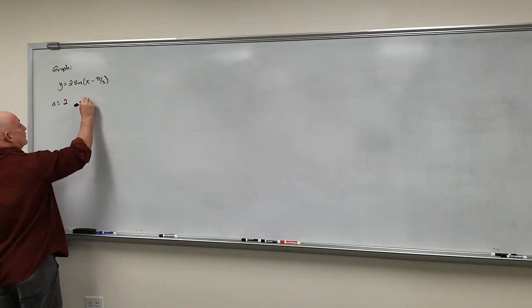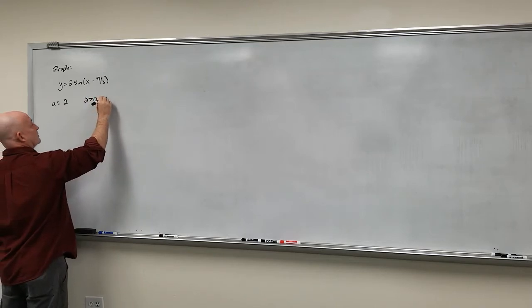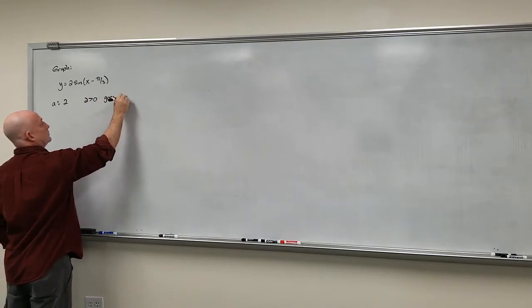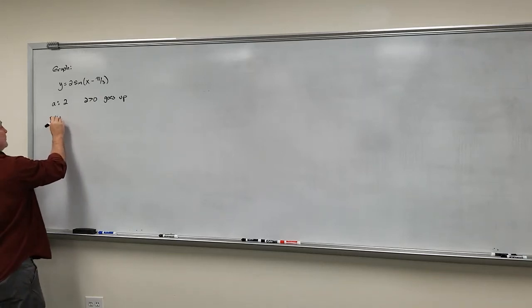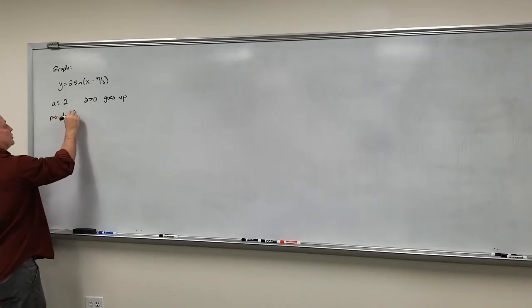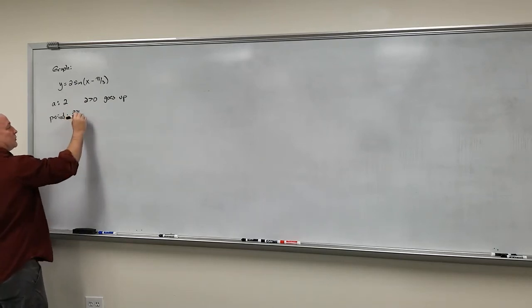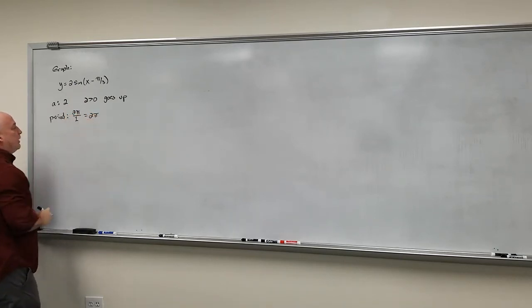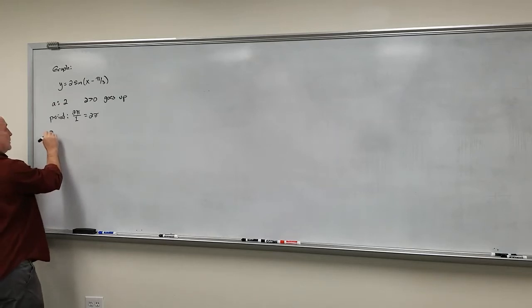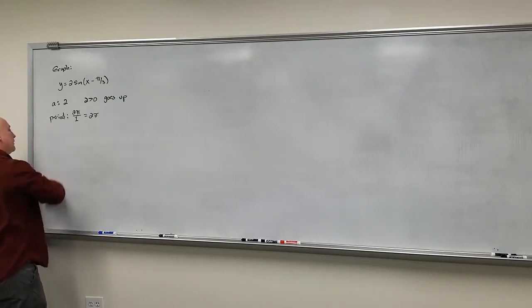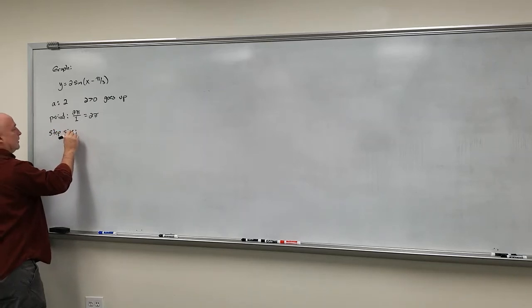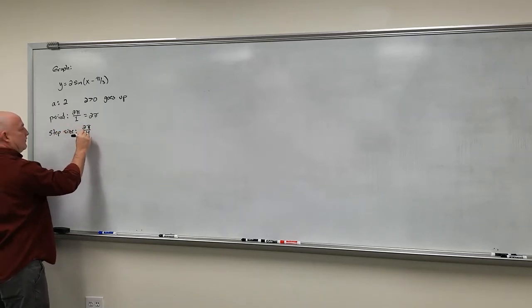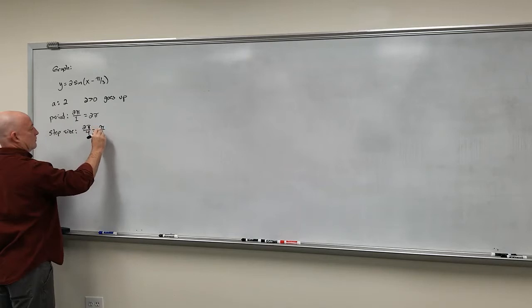Since 2 is greater than 0, we know this goes up. The period is 2 pi divided by whatever's in front of that x. So in this case it is 1, so our period is still 2 pi. Our step size is always the period divided by 4, so that's going to be pi over 2.